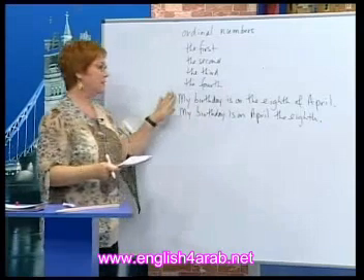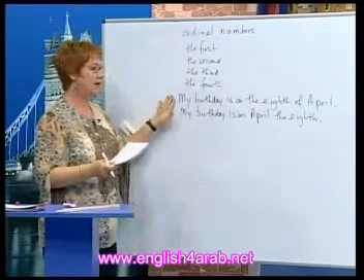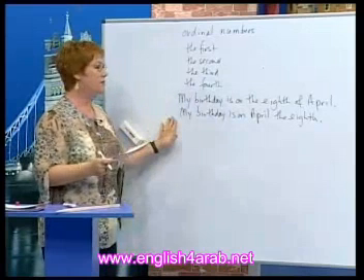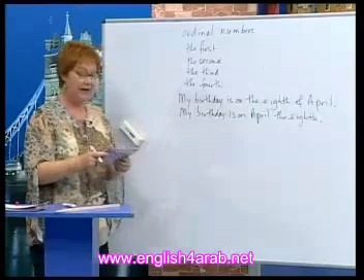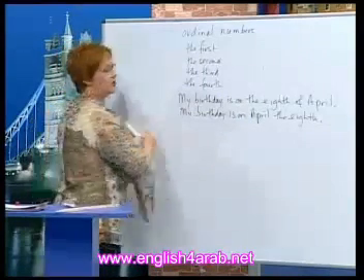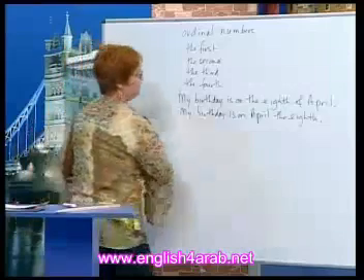Okay? So these are the same information. It's just two ways of saying it. My birthday is on the 8th of April. My birthday is on April the 8th. They're the same.